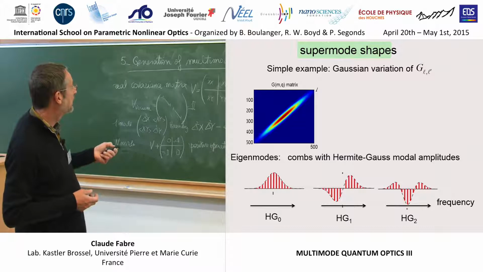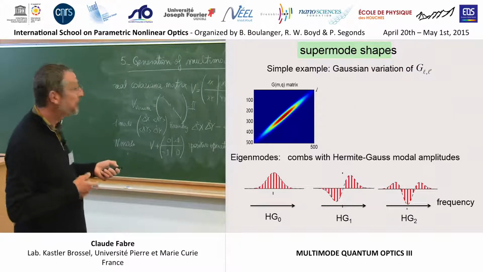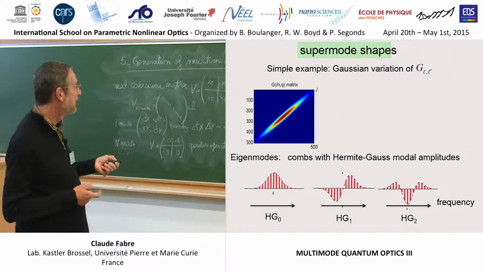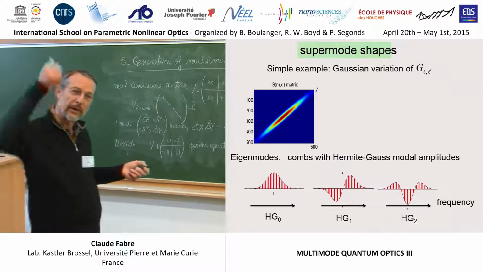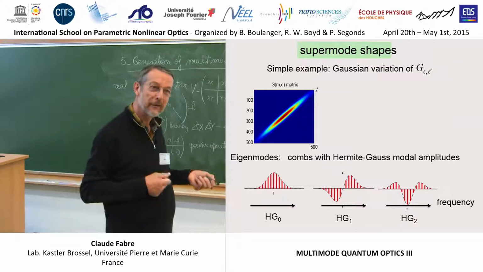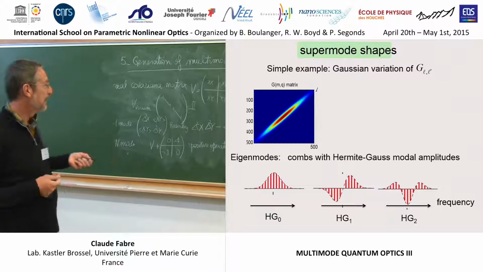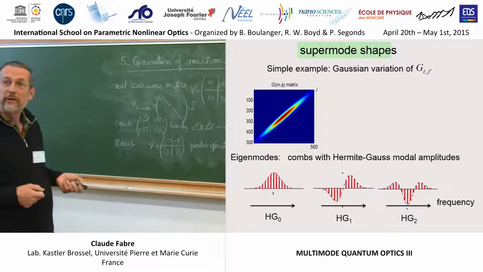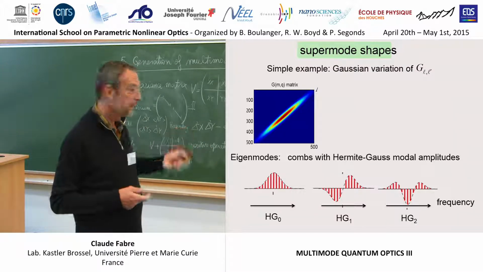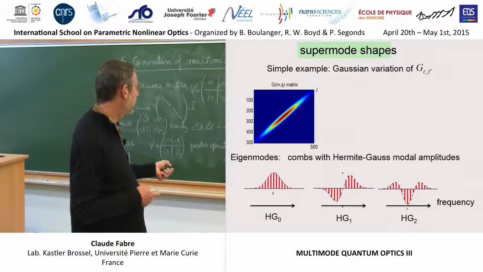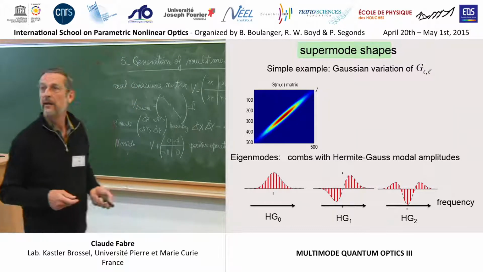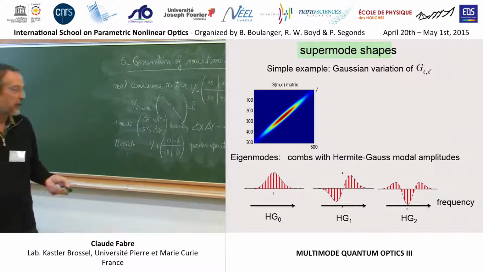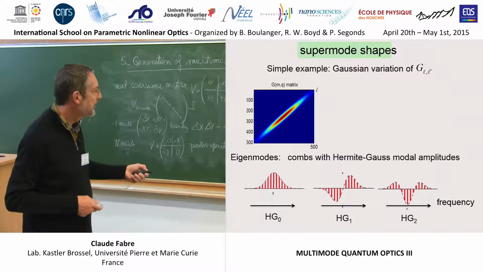you find modes which are Gaussian modes. So it's a Hermite-Gauss modal amplitude. The one I mentioned, I don't know if you remember the first lecture yesterday morning, I showed that it was a possible basis for pulses of light. So in the frequency domain, the first one is a Gaussian shape for frequency components. The second one is this one, third, and so on.